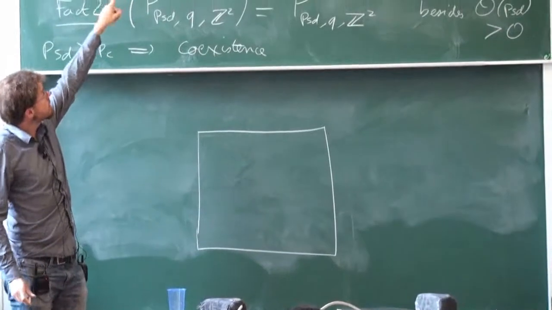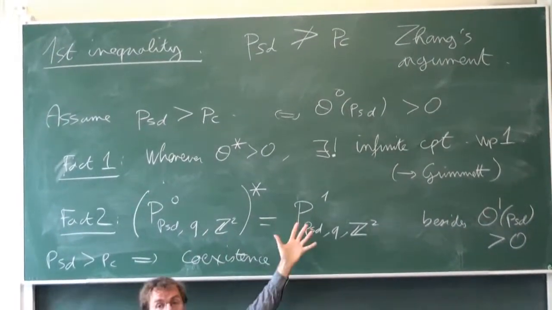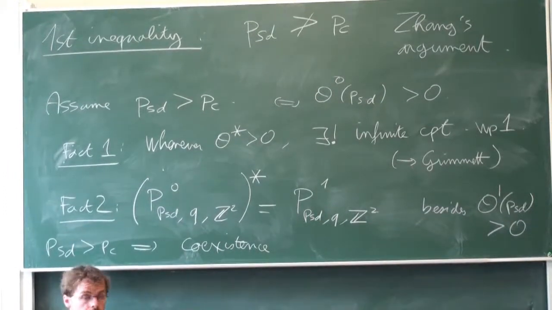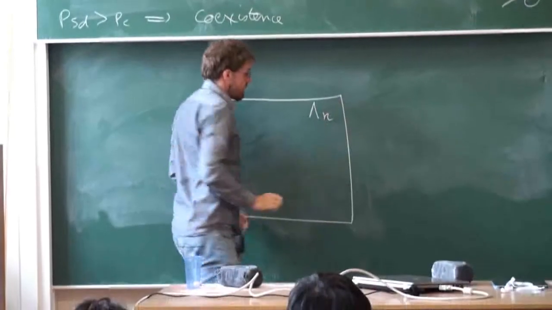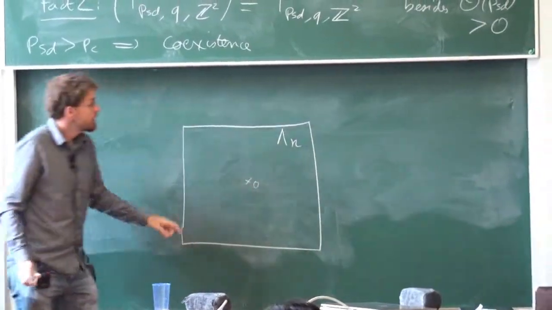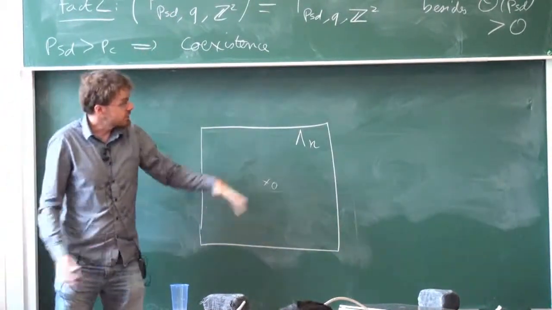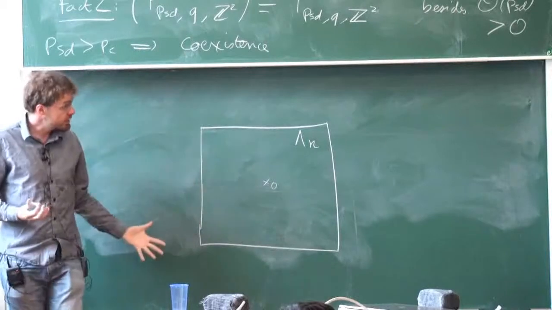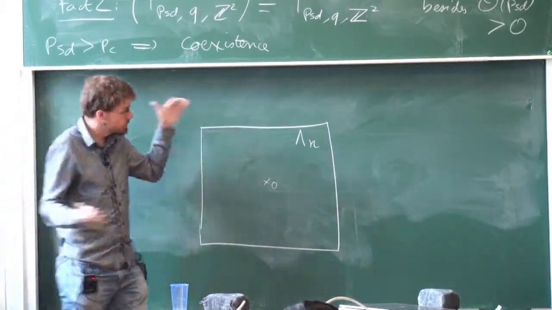So assume that theta self-dual is bigger than Pc. You know that there is a unique infinite component somewhere on the lattice. Now take lambda n, which is a large box on the lattice around 0. Well, the existence of an infinite component is given to you. It's measurable in the process, so you can approximate it by a finite volume event.